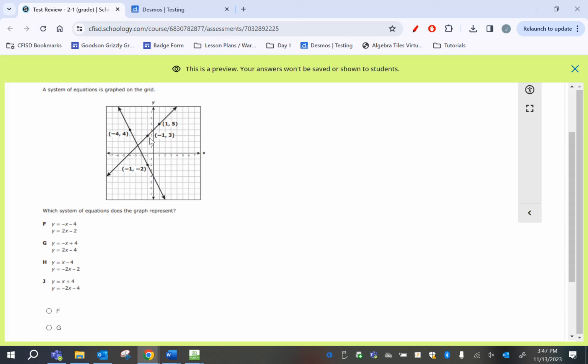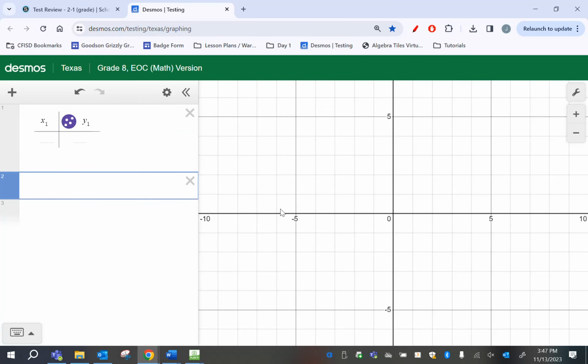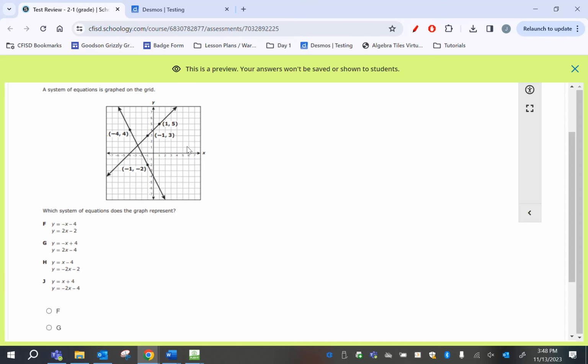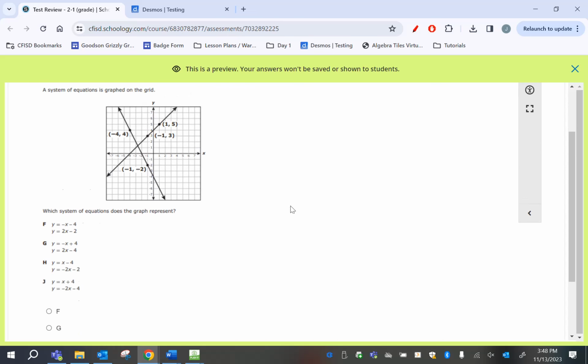But probably the easiest way, especially since they labeled these points for you, is to go ahead and put them in a table, do your linear regression, and from there, you'll have your slope and your y-intercept, and you can write the 2 equations. And that's all you have to do here, is just answer which system of equations matches the 2 on the grid.